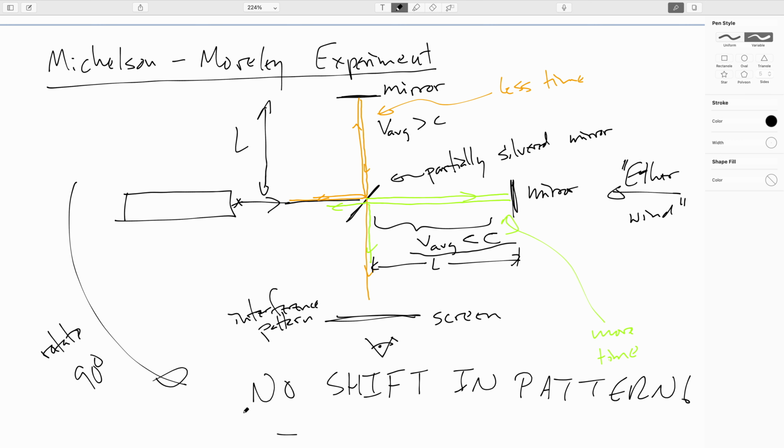I think you can argue that this is, if not the most important null result in science, one of the most important null results.